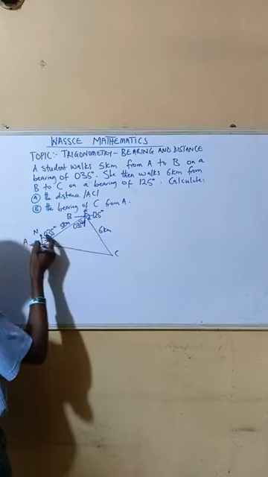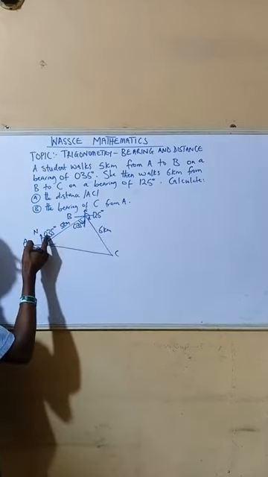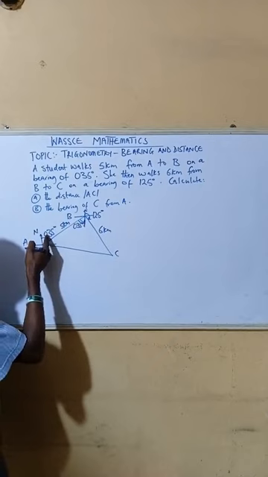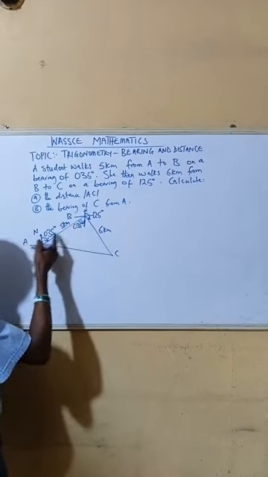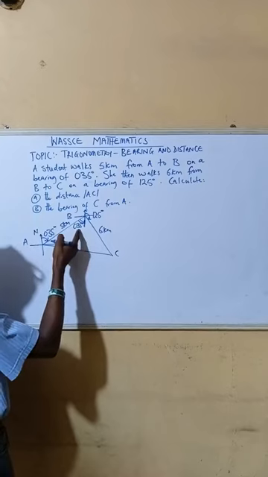So angle 035 degrees at point A is the same as angle 035 degrees at point B, because they are alternate angles.